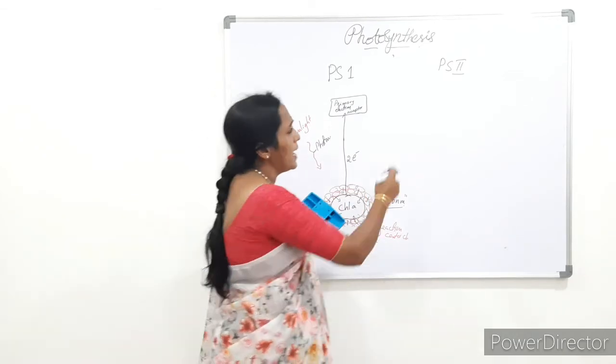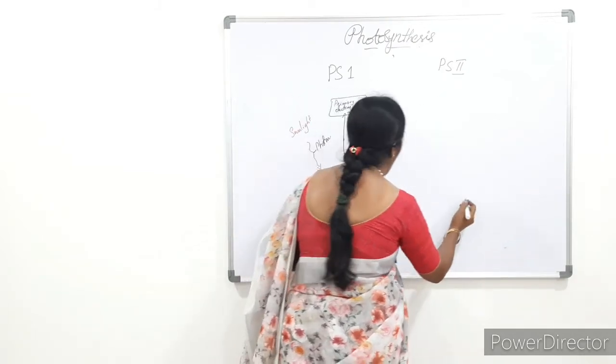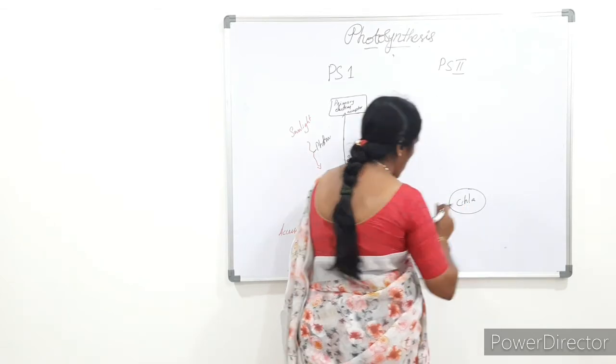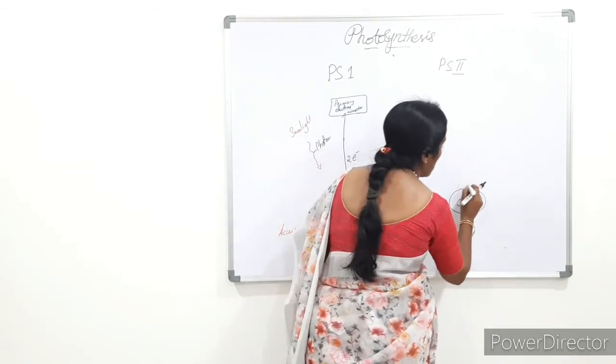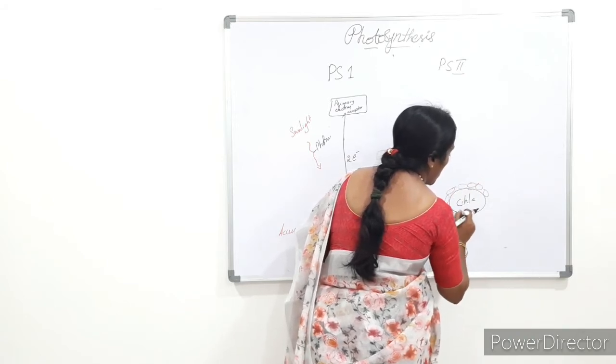That means the main thing here is that in photosystem 1, this chlorophyll A absorbs the photons at 700 nanometers. In the same manner, photosystem 2 also has a single chlorophyll A surrounded by many accessory pigments.